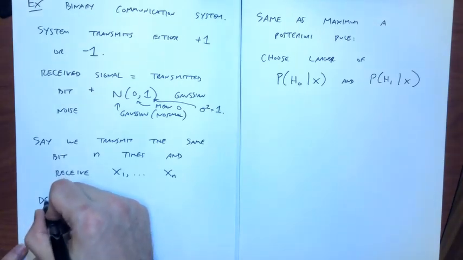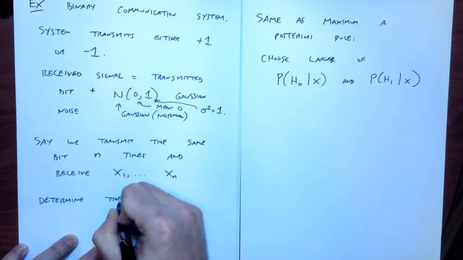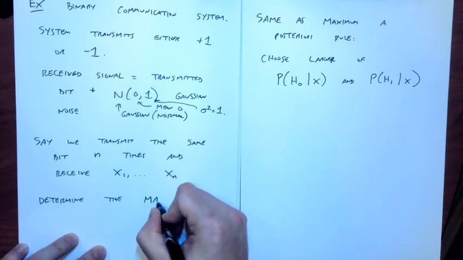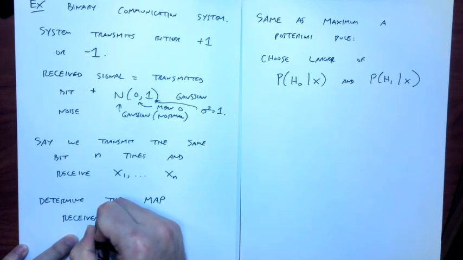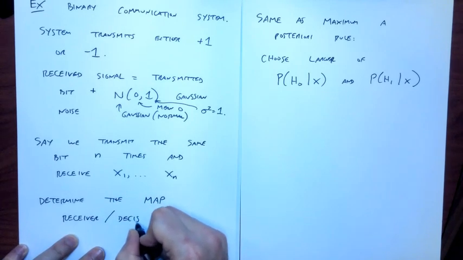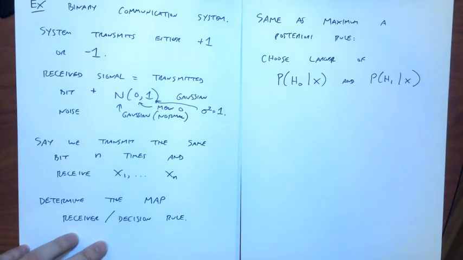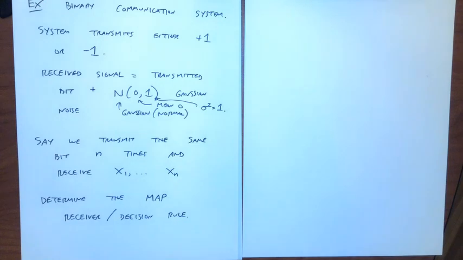So now what we want to do is determine the maximum a posteriori receiver or decision rule to recover, was it +1 or was it -1, okay? And so let's just write it out, okay?